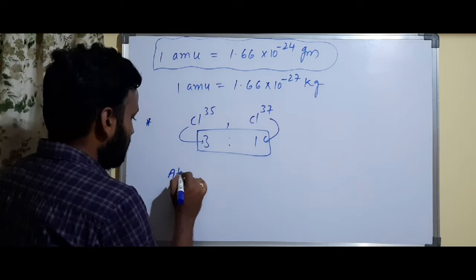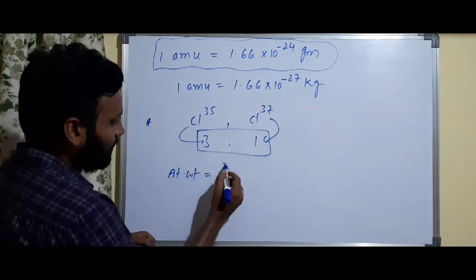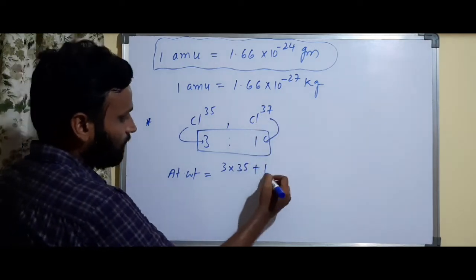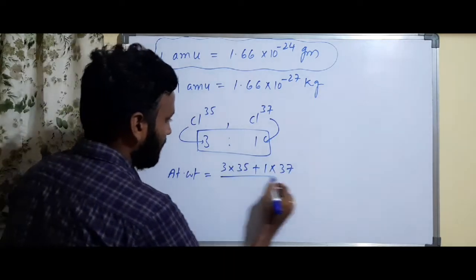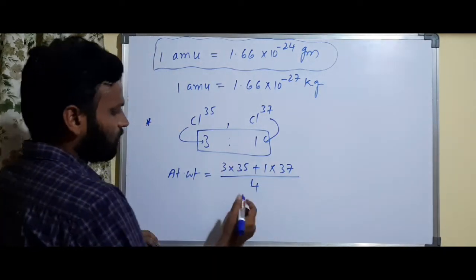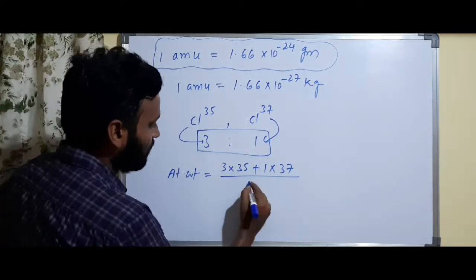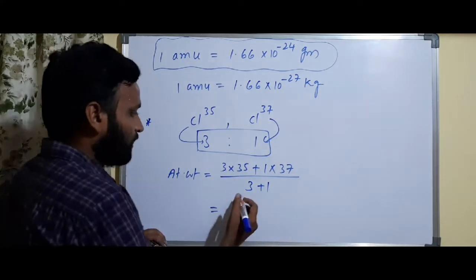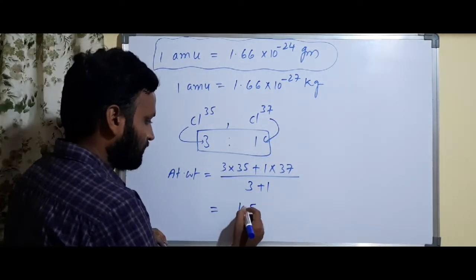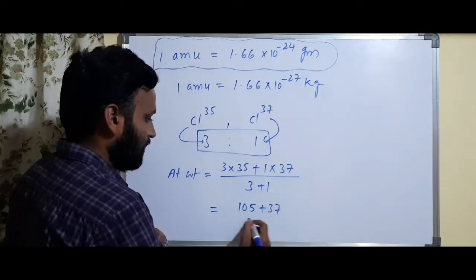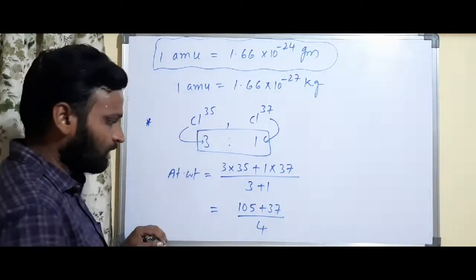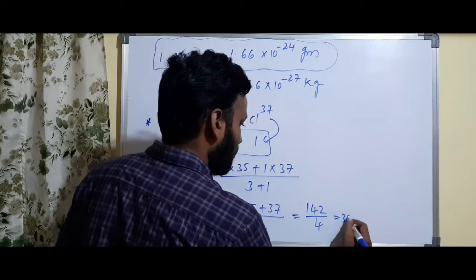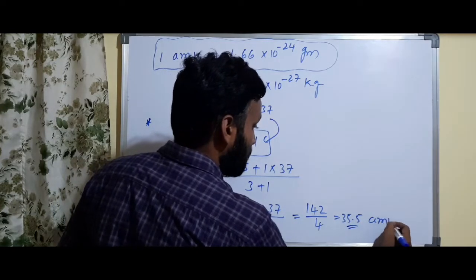Atomic weight is equal to: how many parts available? 3, times the mass number 35, plus 1 part times 37, divided by 4, because 3 parts of this one and 1 part of that one. Simplifying: 3 into 35 is 105, plus 37, so 142 divided by 4, which gives 35.5 AMU, atomic mass unit.